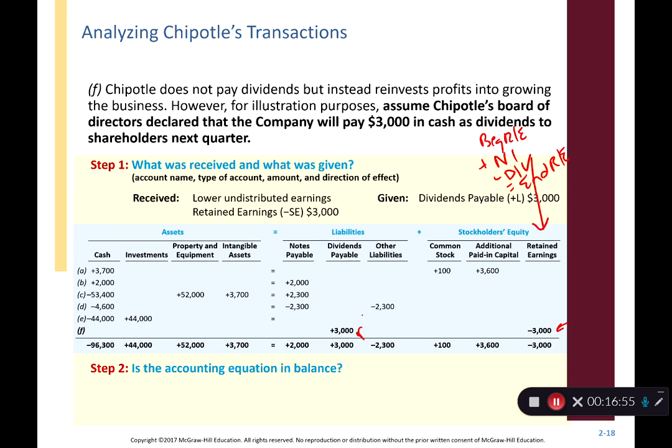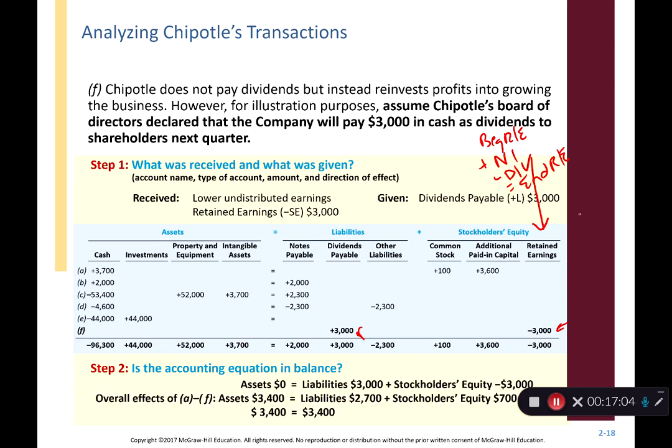So this is another example of up and down on the same side. This time we're on the liabilities and equity side. Are we in balance? Sure, there's no net effect for this transaction. So assets went up 0 and liabilities went up 3 and equity went down 3. So the net effect is 0 again.